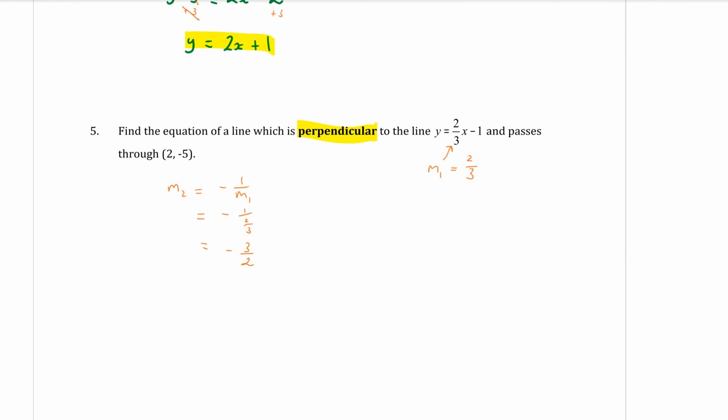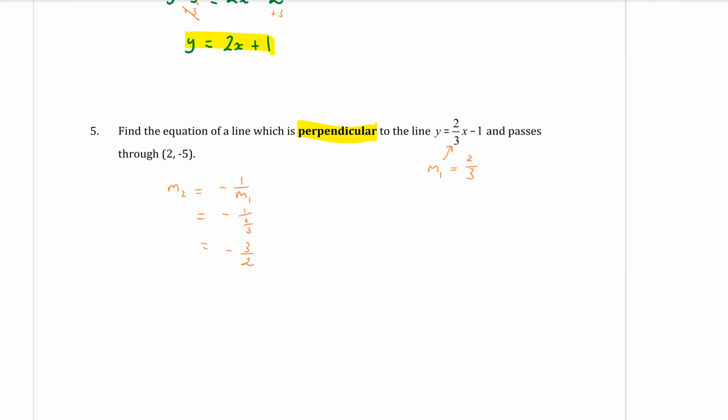So for a bit of practice, this one here is a 2 over 3, so it becomes a 3 over 2. You flip it. Bit of practice: Charlotte, if I gave you a gradient of 4, what would be the perpendicular gradient? Negative a quarter, good. How about a gradient of negative a third?